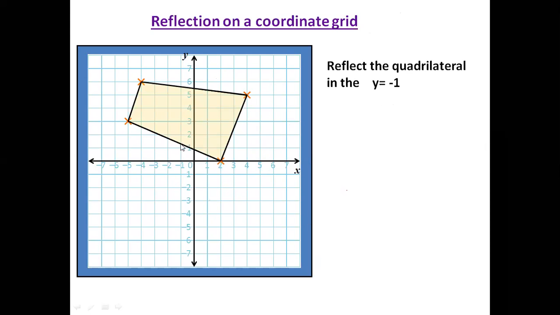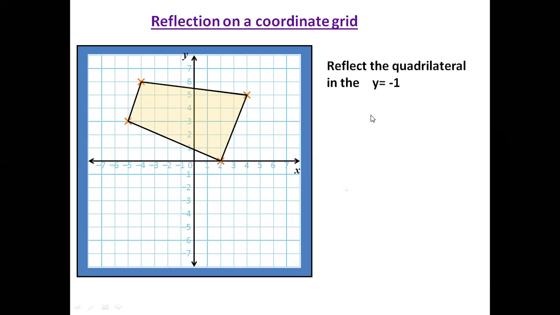Here we need to do a reflection for this quadrilateral in y equals -1. So this is the y-axis. Where is -1 on the y-axis? Here it is. That's -1. So you draw a line parallel to the x-axis. So be careful.